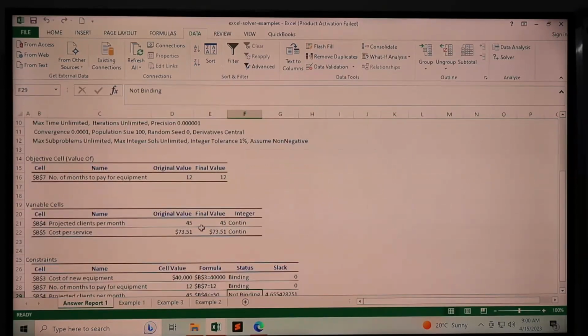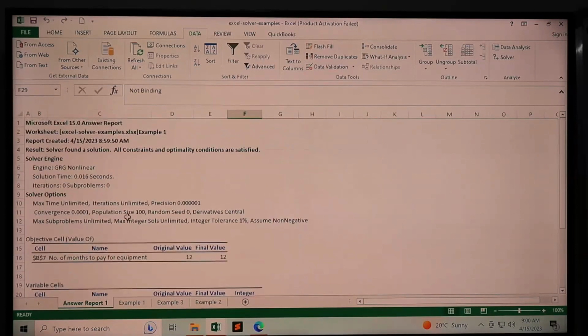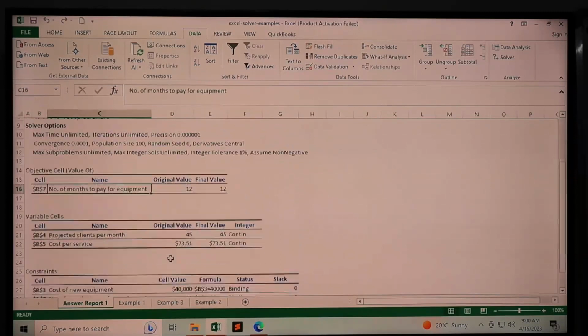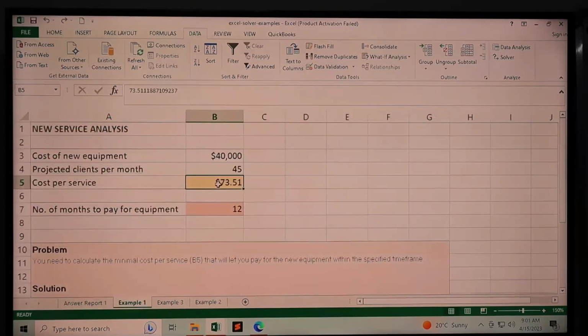Remember that it's supposed to adjust those values. So let me upload that original data, then you run it again. Or you can just change the values manually.